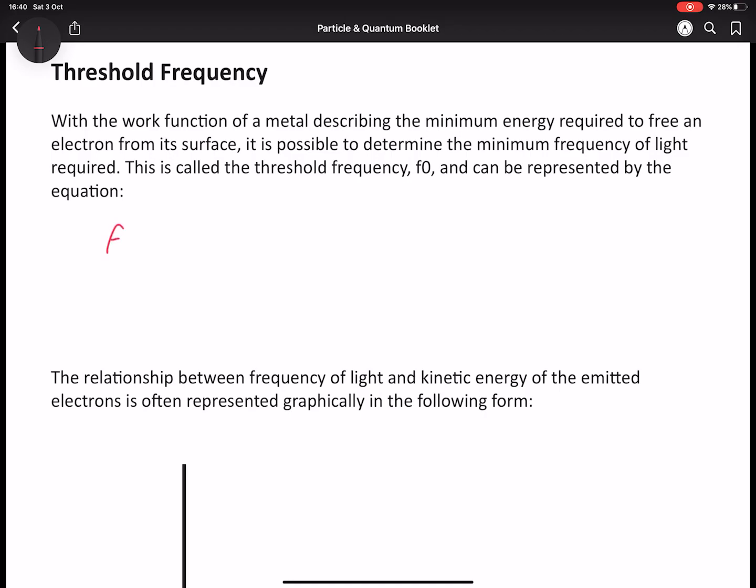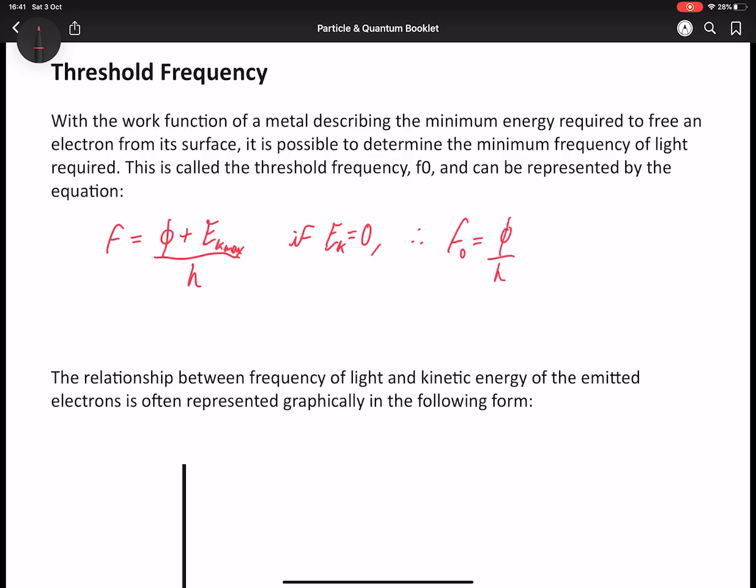Now, in order to find this, we can use this rearranged equation for f, where f is work function plus Ek divided by h. But we know that if it's the threshold frequency, Ek max is going to be 0, which leaves us with a very simple formula, f equals work function over h.